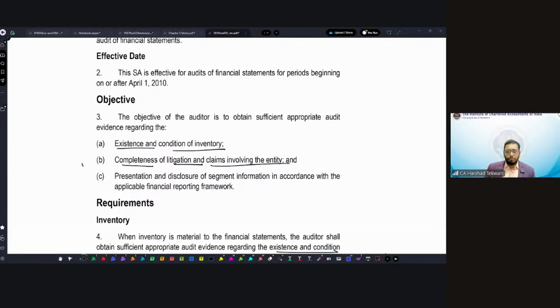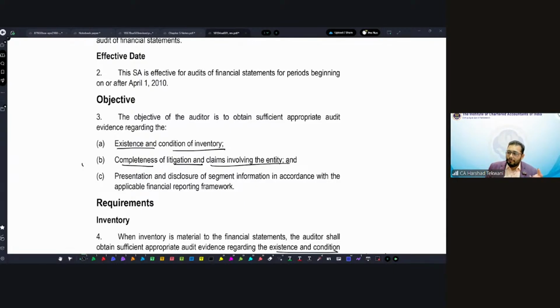Nothing difficult in this. How will you ensure the presentation and disclosure is correct? Very good, Manish. The question itself contains the answer. If you read point C, it itself contains the answer.